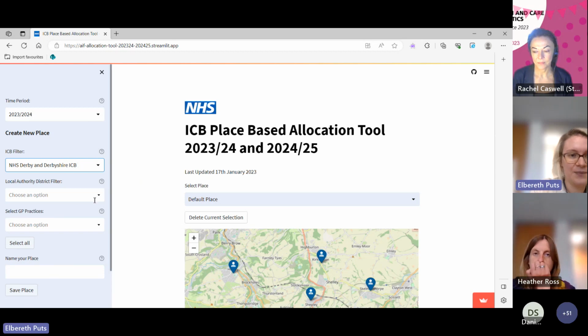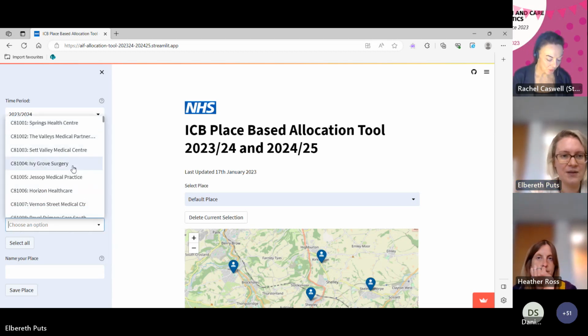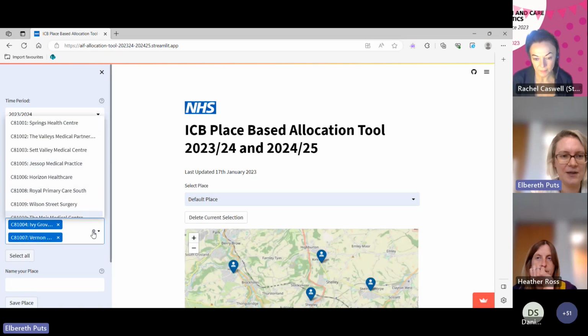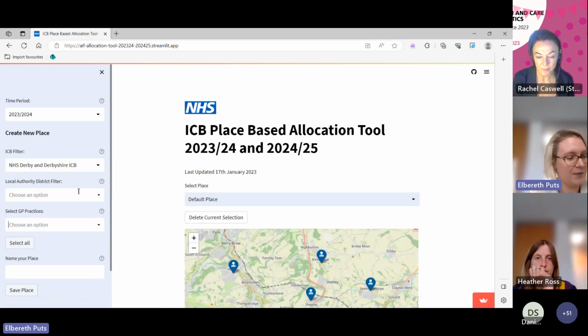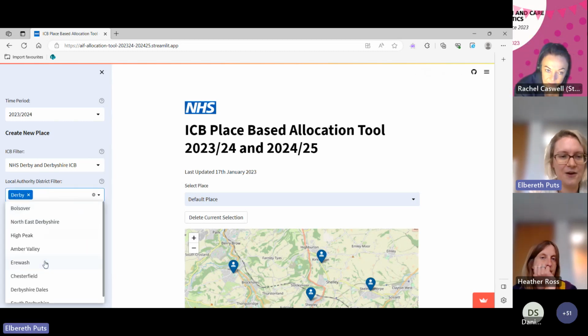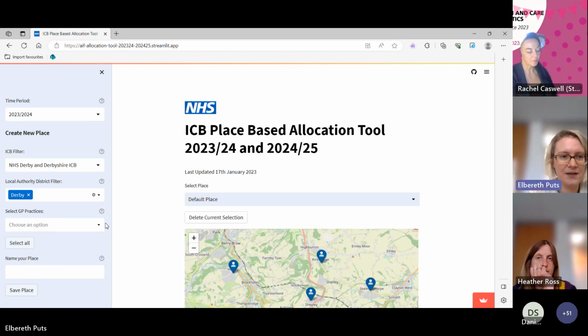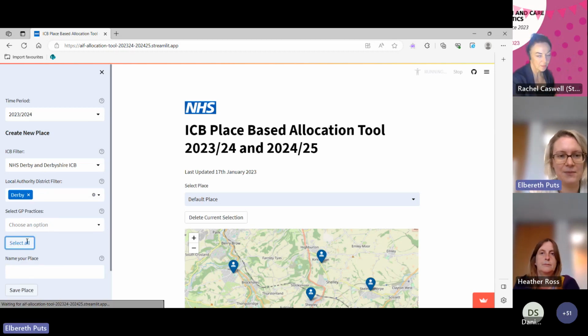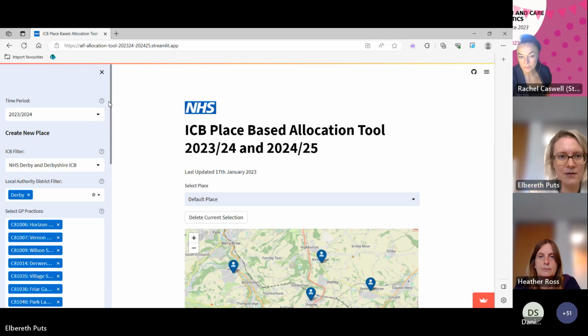once you've selected the ICB, you can select a local authority here to help you filter the large number of GP practices that are in this ICB, but you don't actually have to. You could just individually select them here. But I am going to use local authority because it's just a bit quicker. I'll first select Derby. And then I'm going to select all the GP practices in Derby.